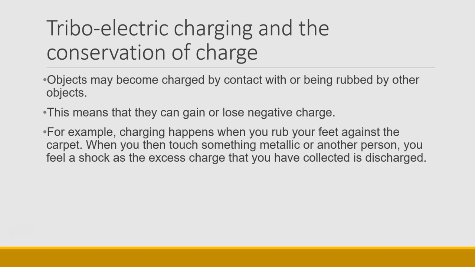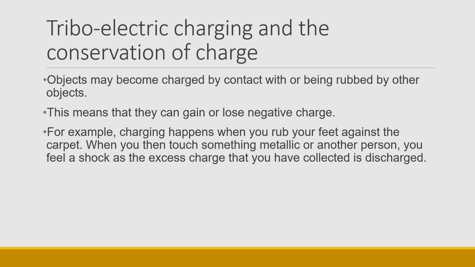So, for example, charging happens when you rub your feet against the carpet. That means that as your body walks against the carpet, and that depends on the material that your shoes or socks are made of, and it also depends on the material that the carpet's made of, then what will happen is electrons from the carpet are going to hop onto your body.